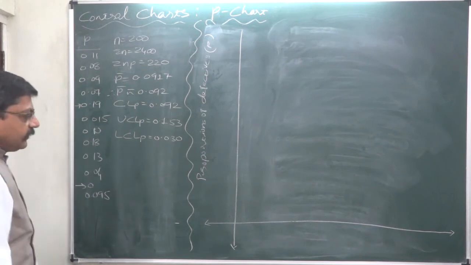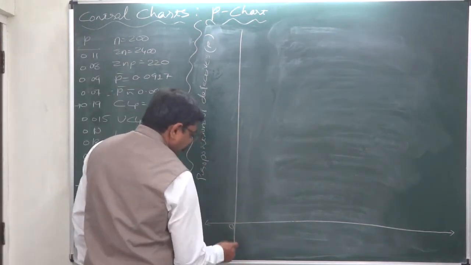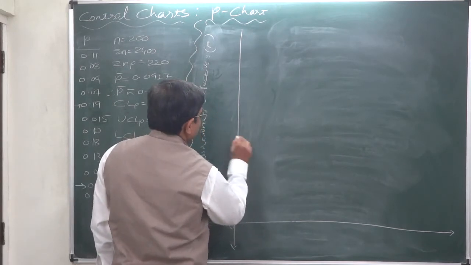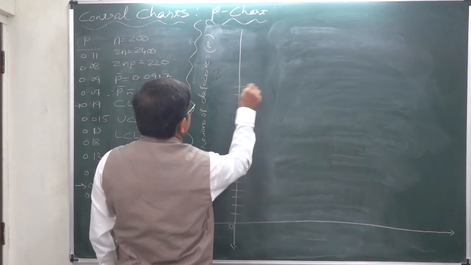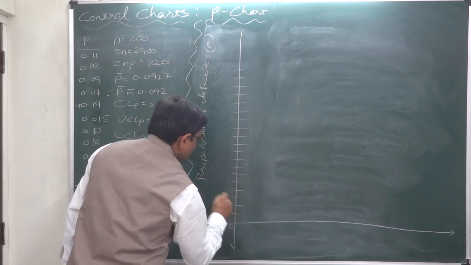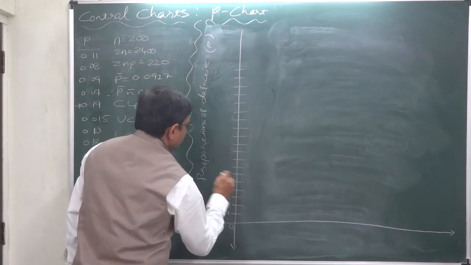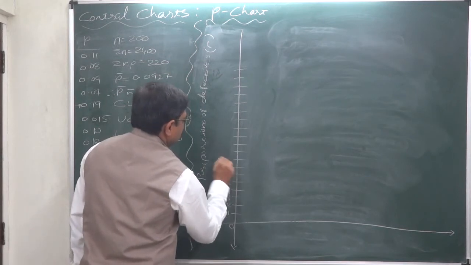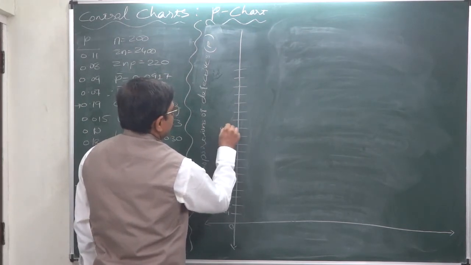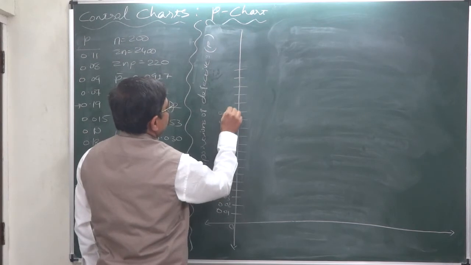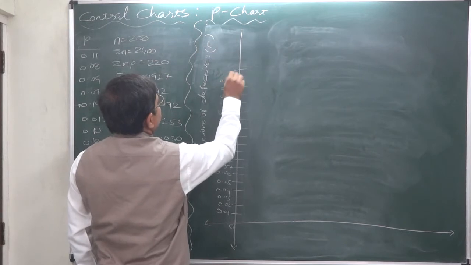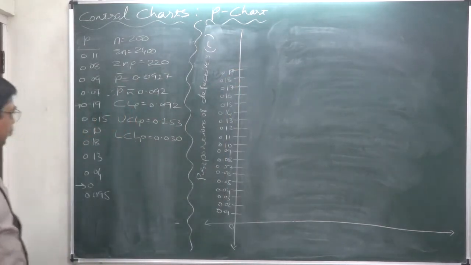So from 0 to 19 we need: 0 is here and now 1, 2, 3, 4, 5, 6, 7, 8, 9, 10, 11, 12, 13, 14, 15, 16, 17, 18, 19. Yes, 0.01, 0.02, 0.03, up to 0.18 and 0.19, that is the highest value.